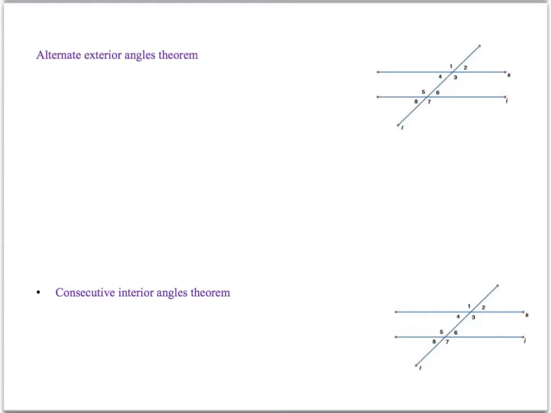The next one we are going to deal with is the alternate exterior angles theorem. So alternate exterior angles could be like angle 1 and angle 7.